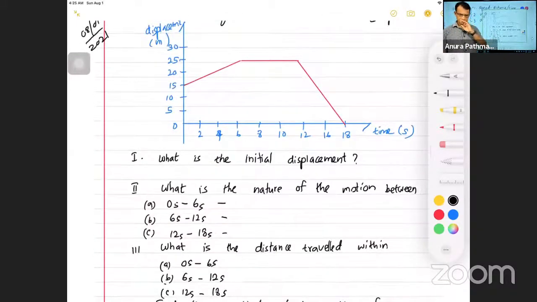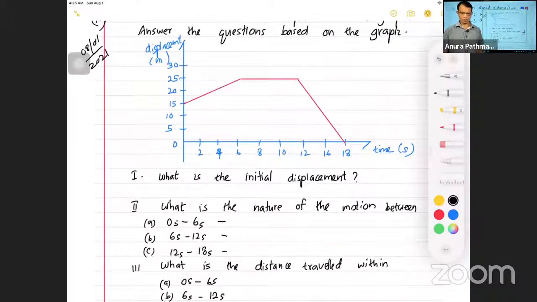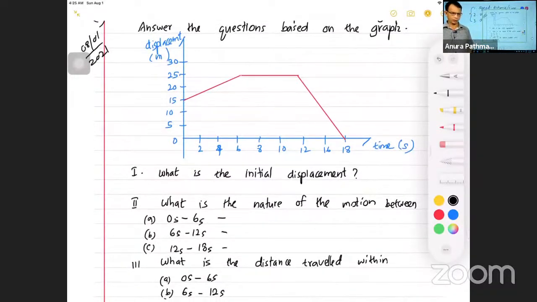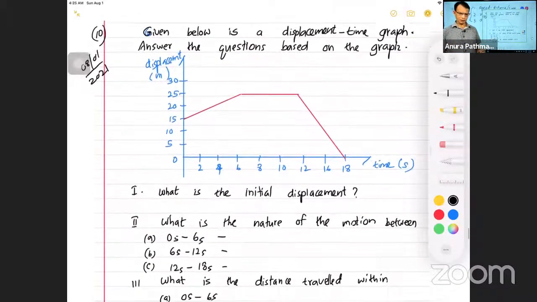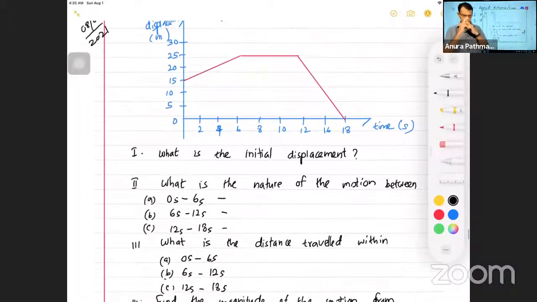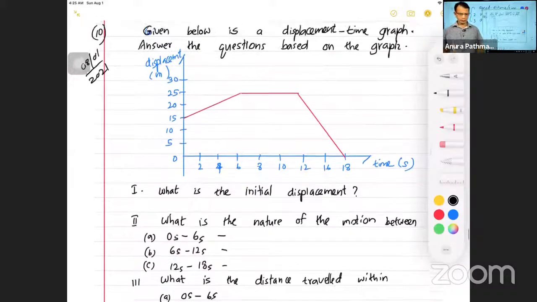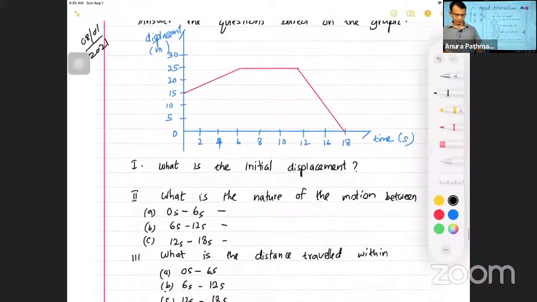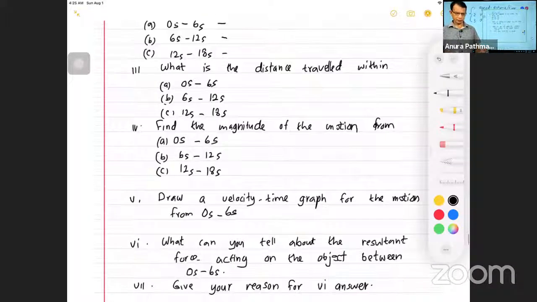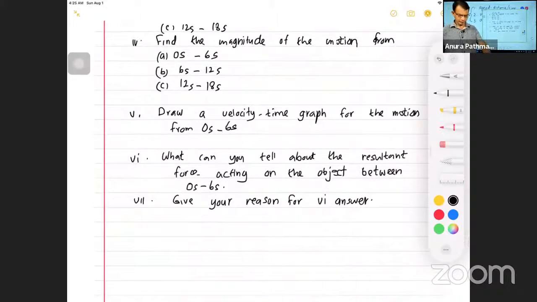So we are talking about a big question. This is about the graph based on the displacement time graph. Okay. Right. This is the question. Sorry about the latecomers.